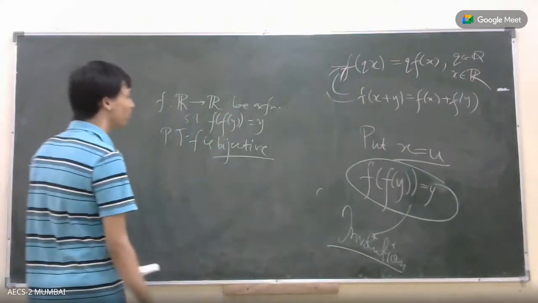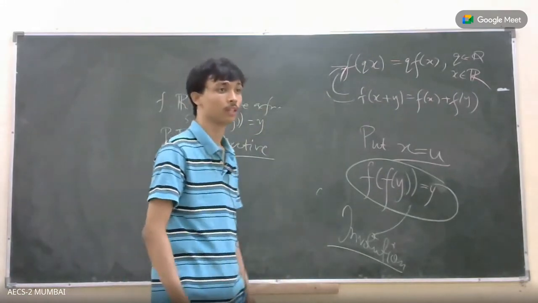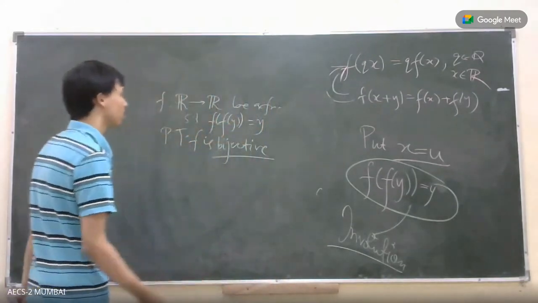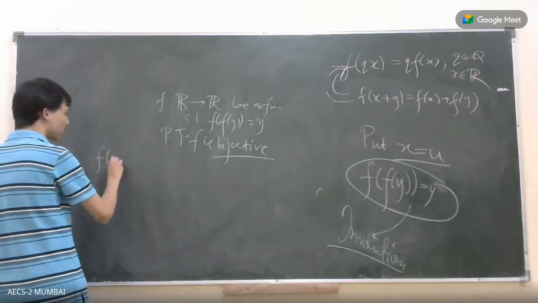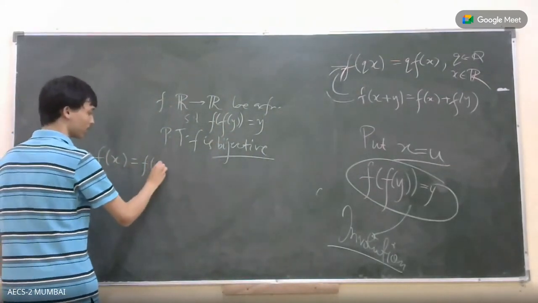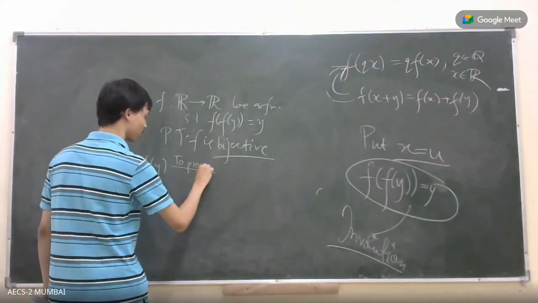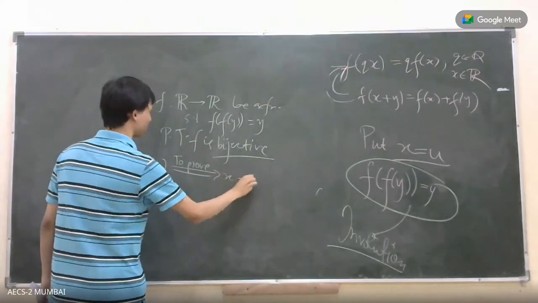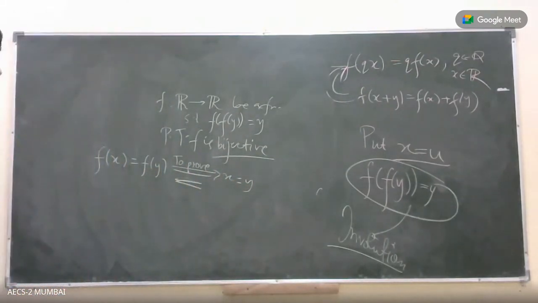So when I ask you to prove that a function is bijective, what's the first thing that you need to prove? It's injective, right? What's the condition of injectivity? f(x) equal to f(y) implies x equal to y. If we can prove this, then we would have shown that f is injective, right?